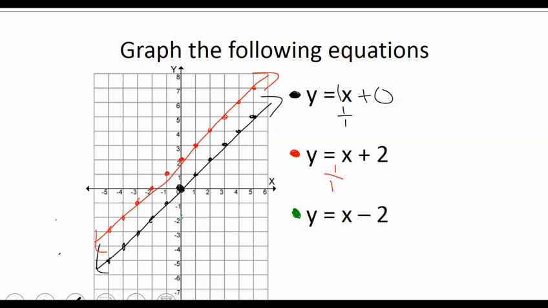My y-intercept is -2. Again, it has a slope of 1. So that's just up 1, right 1. So you can see these all ended up being parallel lines because they all had the same slope. All right, that is it for this lesson.